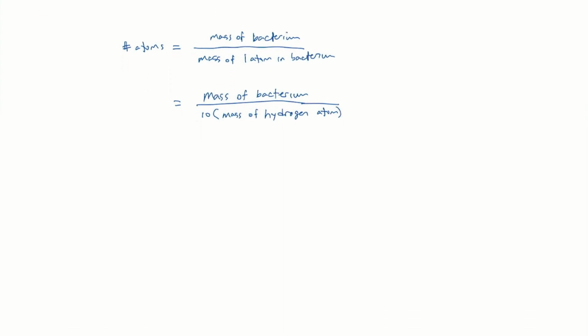Okay, and they told us that the mass of the bacterium is on the order of 10 to the minus 15 kilograms. Then we have 10 times the mass of the hydrogen atom, which they told us is on the order of 10 to the minus 27 kilograms.